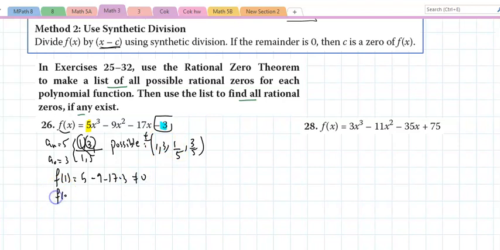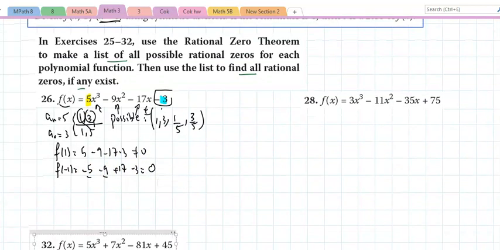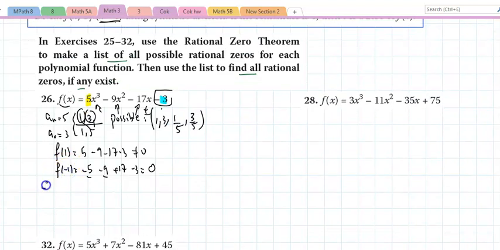How about negative 1? Negative 1, that makes that a negative 5, a negative 1 minus 9, a negative 1 plus 17 minus 3. What would that be? That would be 9, 14. 17 minus 17 is 0. Guess what? I just figured out that negative 1 is a 0.